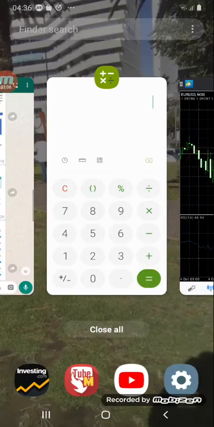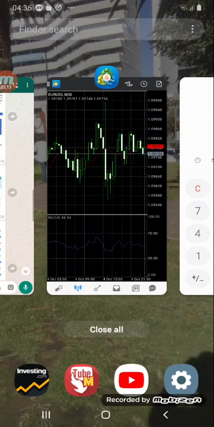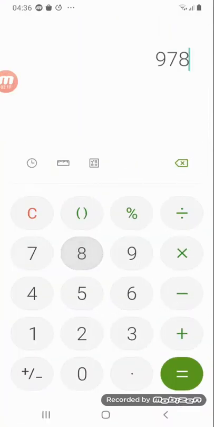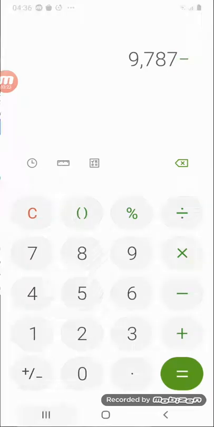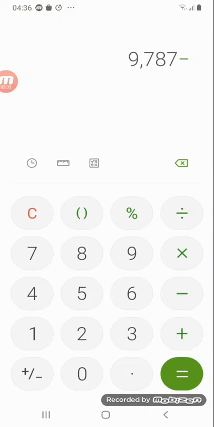So we go 09787 minus 09756. The difference between those two is 30 pips.